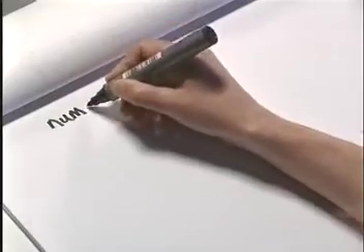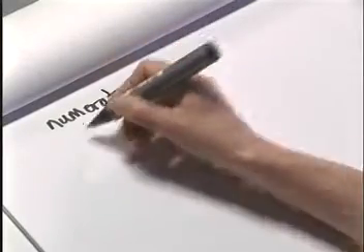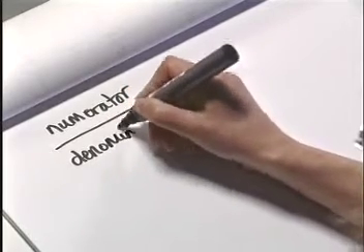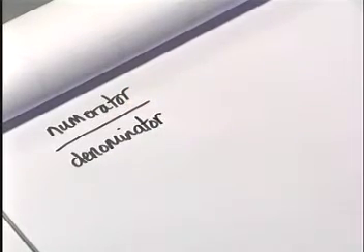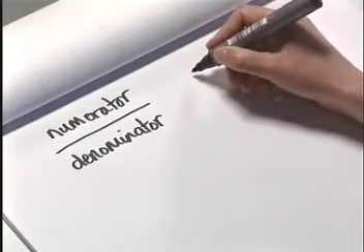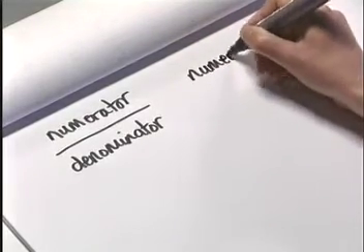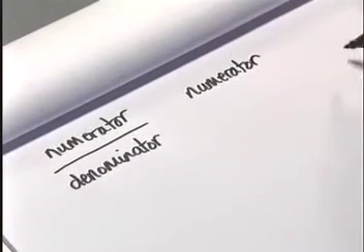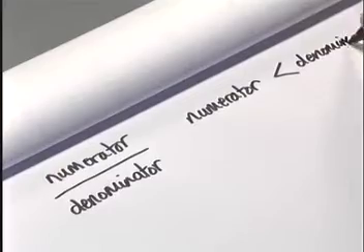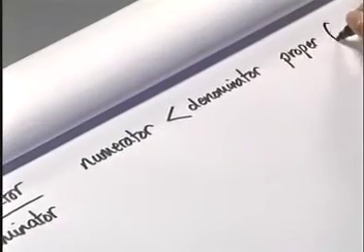Now, I'm going to rewrite our mathematical words, numerator divided by denominator, because we're now going to look at fractions where the numerator is smaller than the denominator. And we have a name for these type of fractions, and they're called proper fractions.